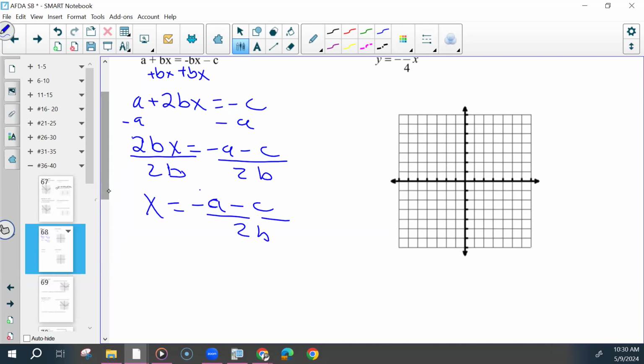Yes. If you did that, you'd just end up with a lot of fractions and have to deal with that. So the a minus c would already be over there.